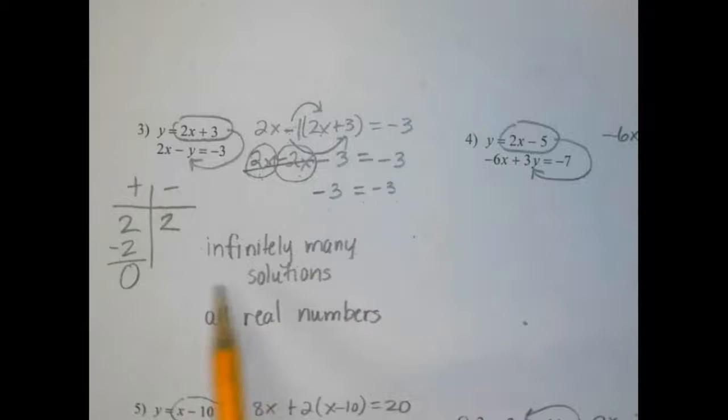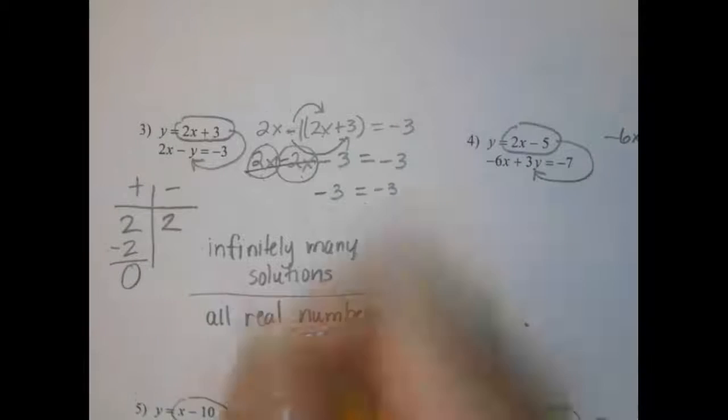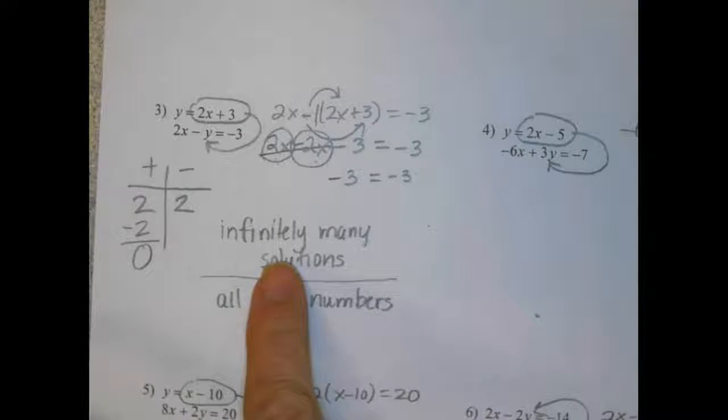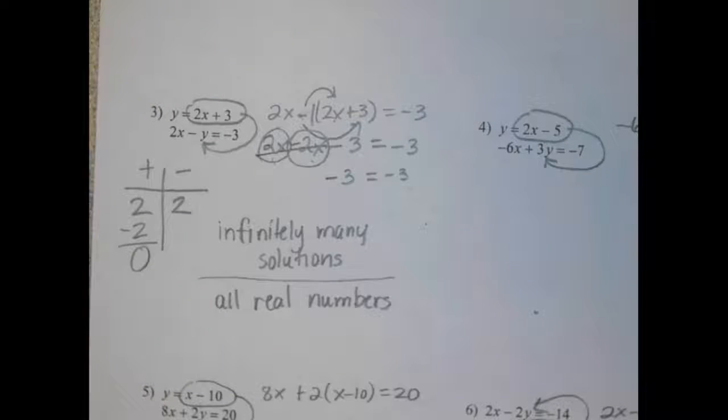So this is one possible answer, and then another way to write that is all real numbers. For the purpose of this class, I want you to recognize infinitely many solutions as your answer, but I want you to understand that it can also be all real numbers.